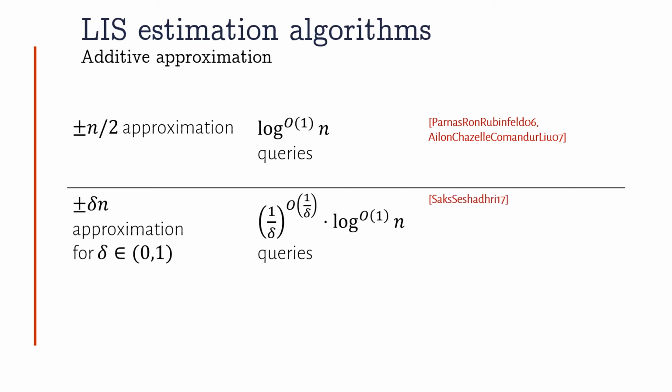An improvement in the approximation guarantee to plus minus delta n was obtained by Saks and Seshadhri in a seminal work where they gave a polylog n query algorithm for constant delta. I would like to emphasize the fact that this result is meaningful only when the length of LIS is at least delta n, where n denotes the length of the input array.